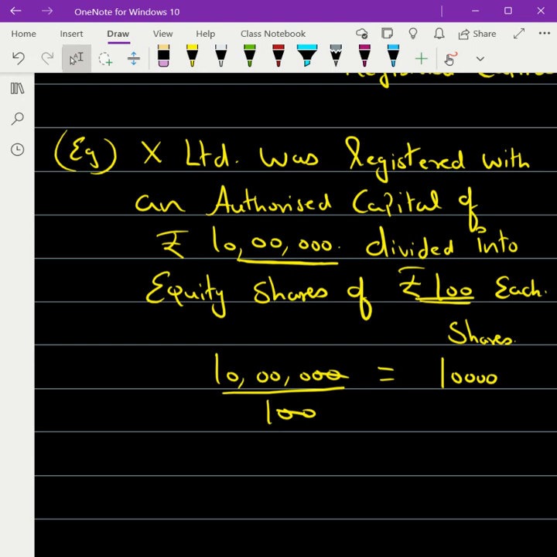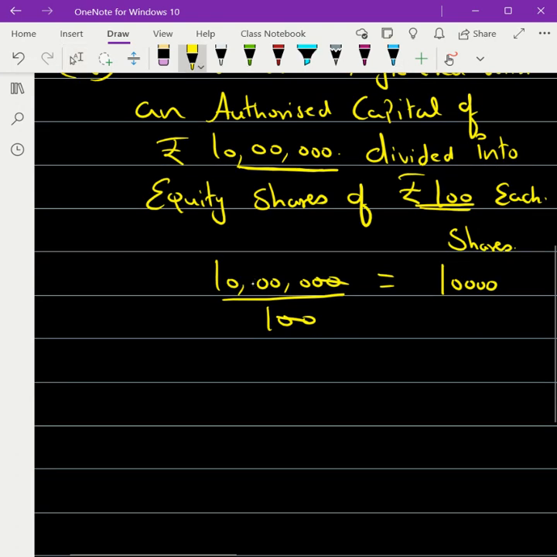So this represents that part of authorized capital which is offered for subscription. So the second concept which we are going to learn is issued capital. The second category is your issued capital.